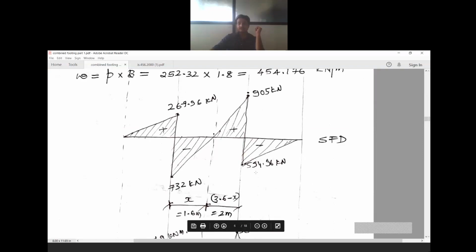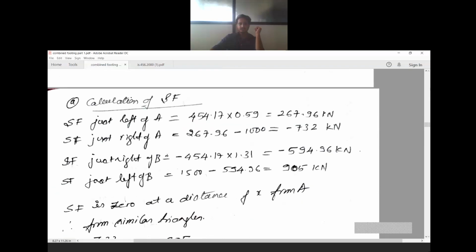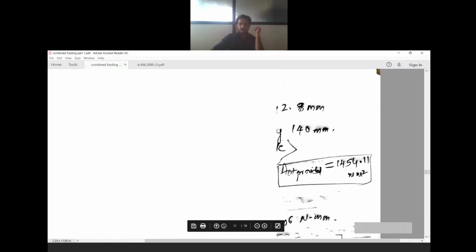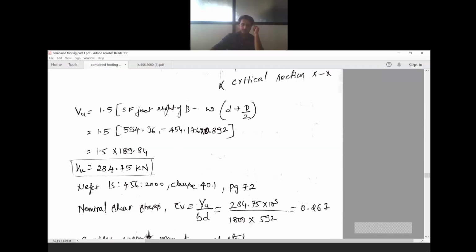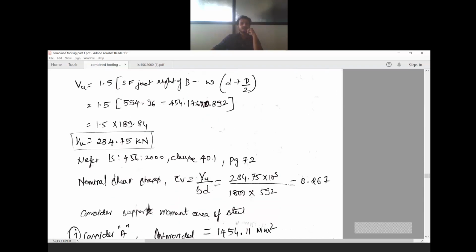Just to the right of B, we have 594.96 kilonewton. That is the value we are substituting here. So, shear force just right of B minus upward intensity into the distance d plus d by 2, which is 0.892 m. Substitute in meters. The final answer, the Vu value, will be 284.75 kilonewton.